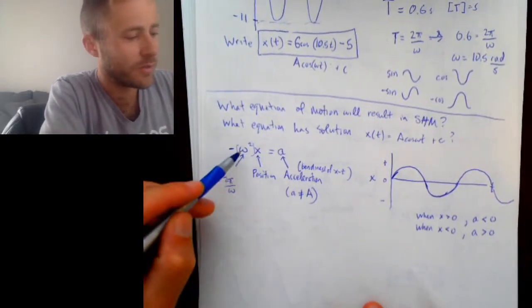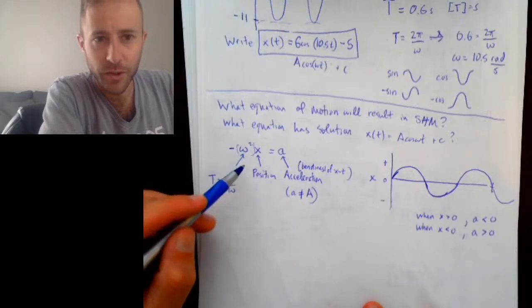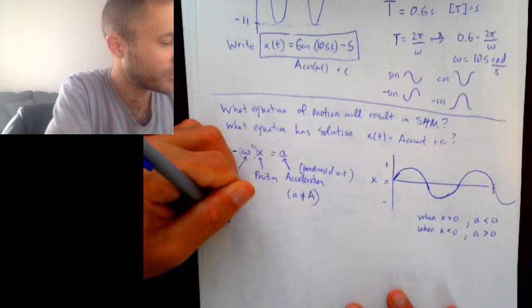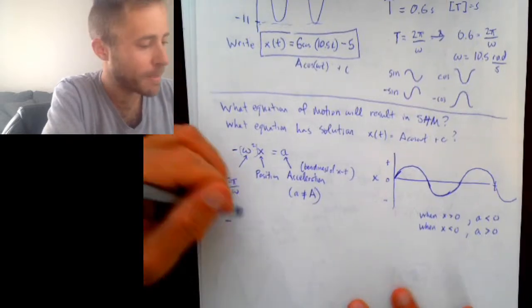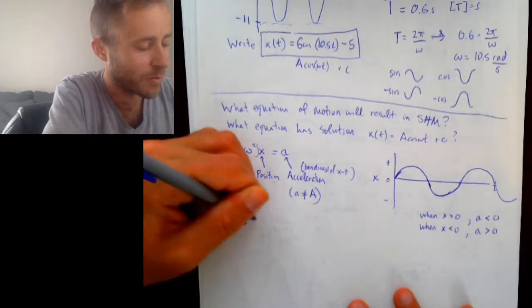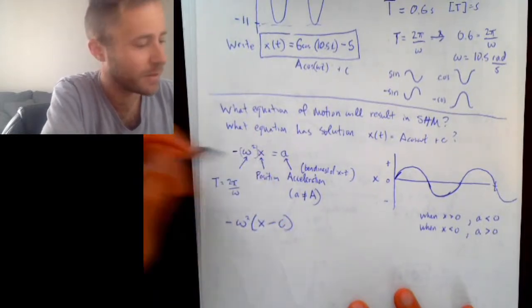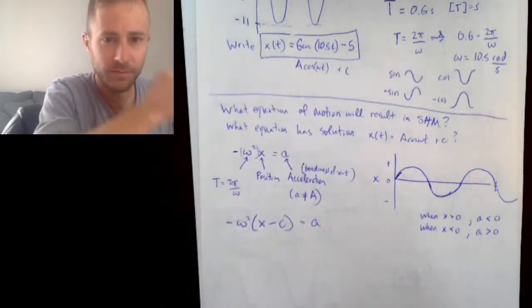So this isn't the equation when the equilibrium position is not 0. If the equilibrium position is not 0, we have the equation minus omega squared times position minus c equals the acceleration.